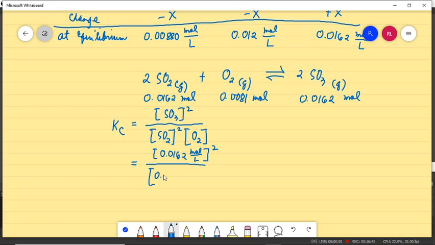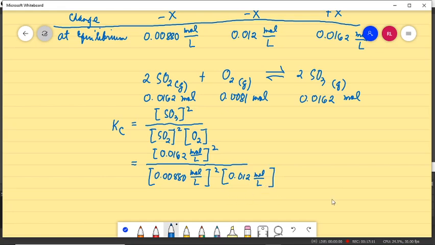It's 0.0, raised to the power of 2, divided by, mole per liter.